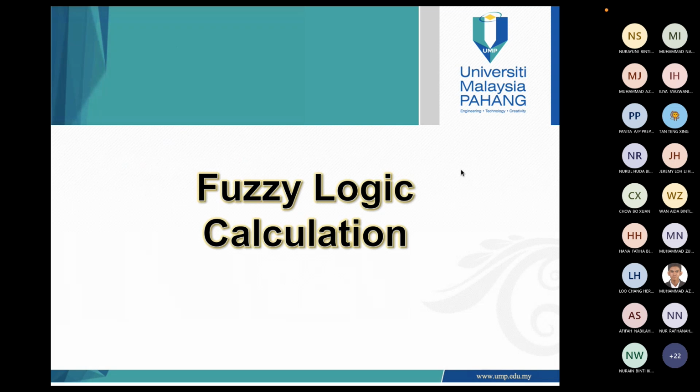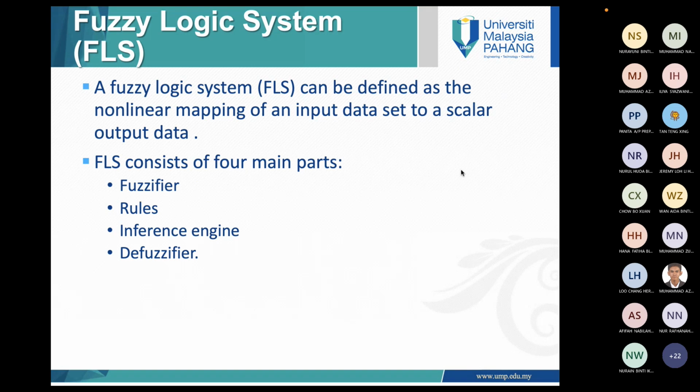So let's take a look at the fuzzy logic calculation. A fuzzy logic system can be defined as the nonlinear mapping of an input data set to a scalar output data. It consists of 4 main parts: fuzzifier, rules, inference engine, and defuzzifier.